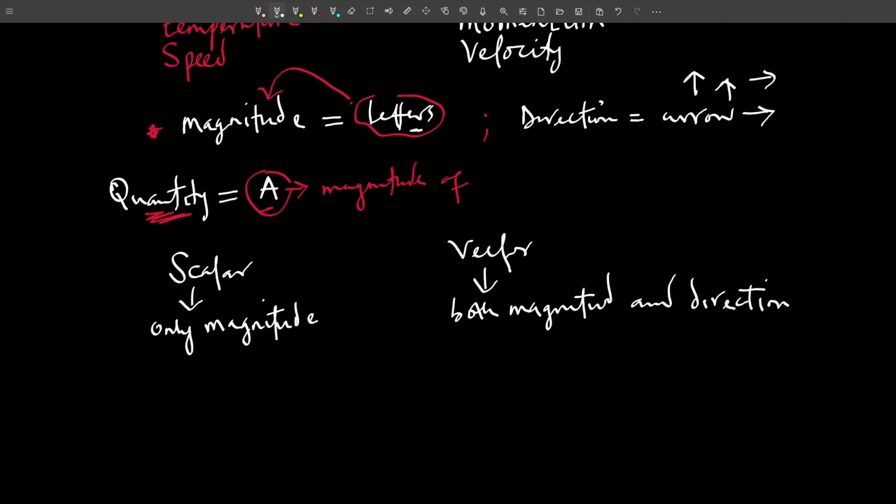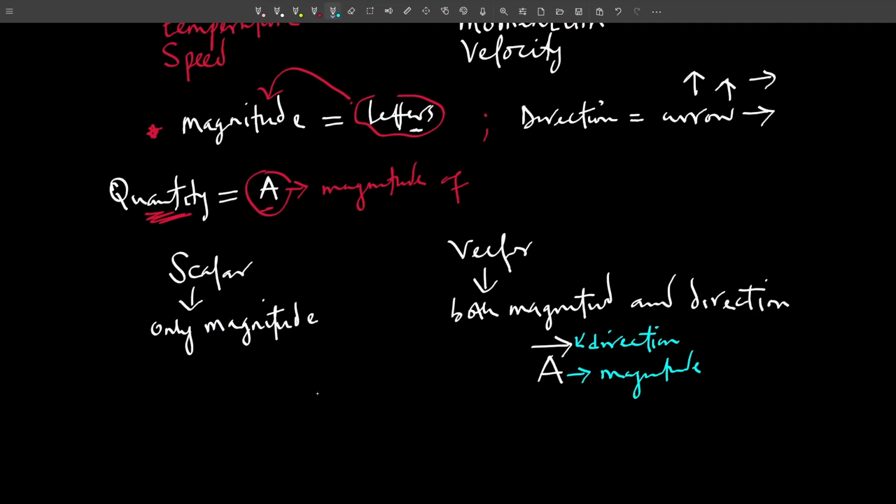So, for example, if I have a quantity A and I put an arrow sign on it, this representation now has two things. It has a letter and an arrow. Don't forget, letters represent magnitude, and this arrow here represents direction. And what kind of quantity has both magnitude and direction? We call the quantity a vector quantity. I think that's clear. So if I have a vector B, how will you represent a vector B?